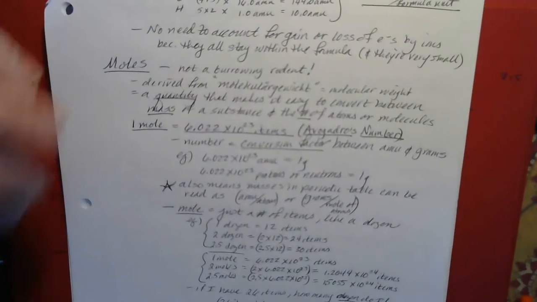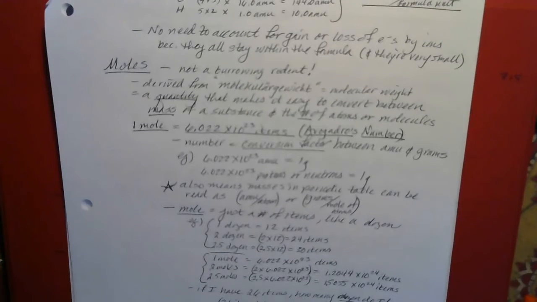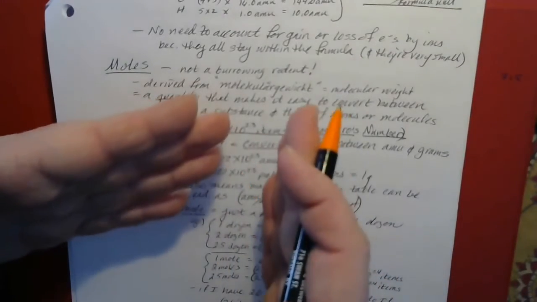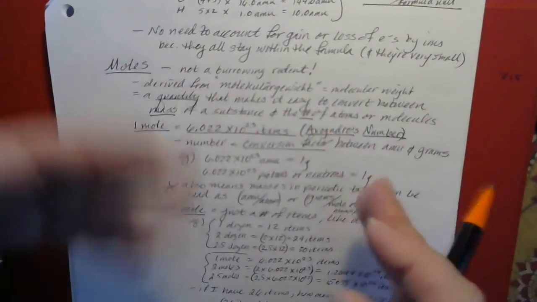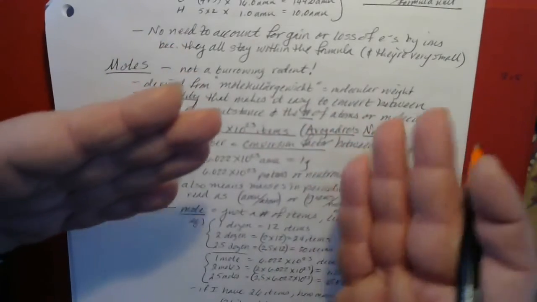When you're finding the mass of ions, there's no need to account for the gain or loss of electrons in ionic compounds because the electrons are still present in there. If you have something like sodium chloride, of course, the Na ion is losing an electron, but the chloride ion is gaining that same electron.